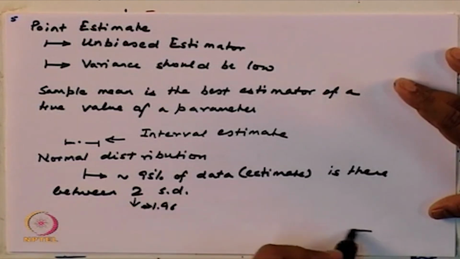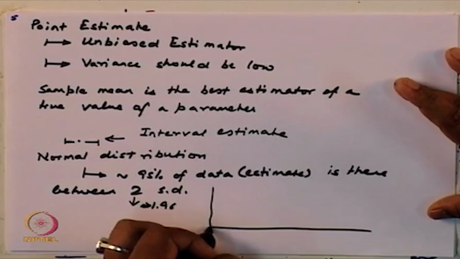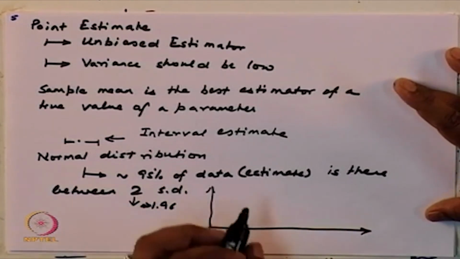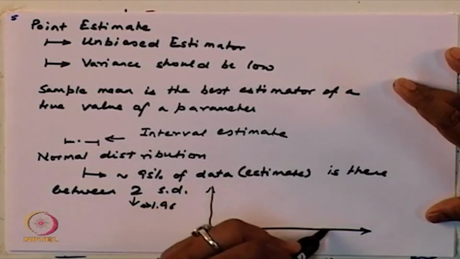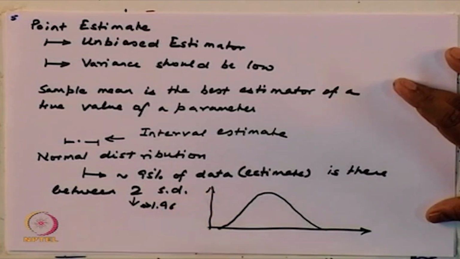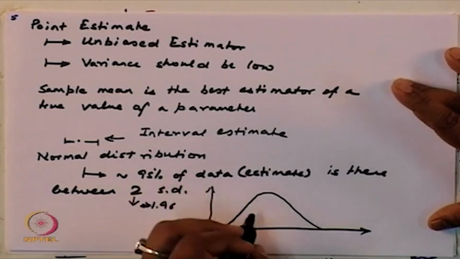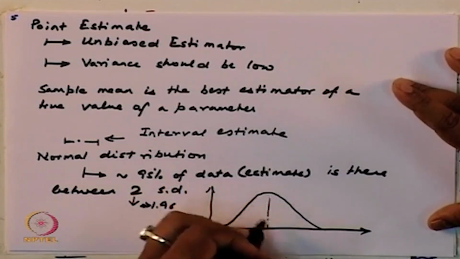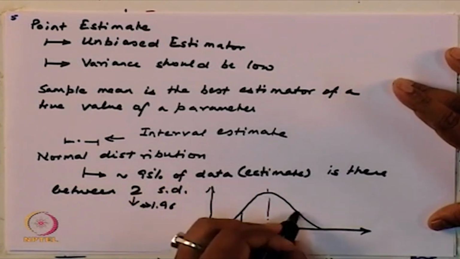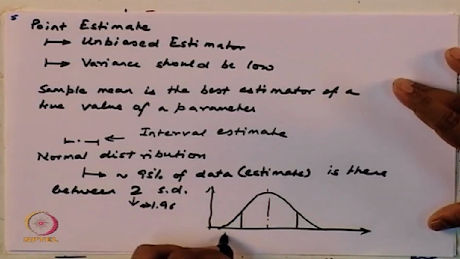So if I were to draw this, this is your distribution that you obtain. Let us say this is your sample mean. This is 1.96 times SE.